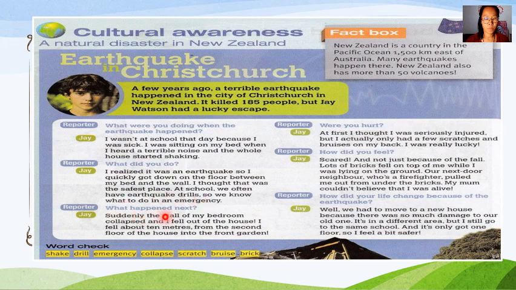What happened next? Suddenly, the wall of my bedroom collapsed and I fell out of the house. I fell about 10 metres from the second floor of the house into the front garden. Were you hurt? At first, I thought I was seriously injured, but I actually only had a few scratches and bruises on my back. I was really lucky. How did you feel? Scared. And not just because of the fall.